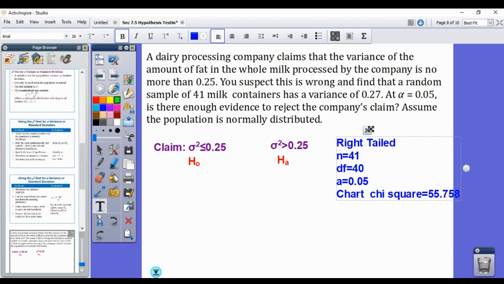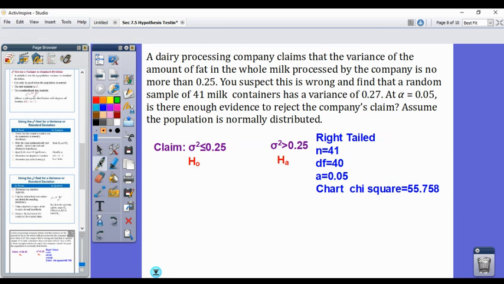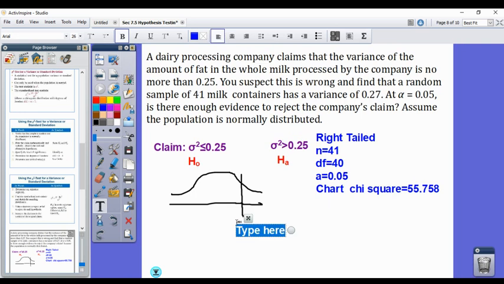Okay, so what does that mean? Since this is a right-tailed test, that is telling me that this value right here on this line is 55.758. So my rejection region is going to be anything greater than that.